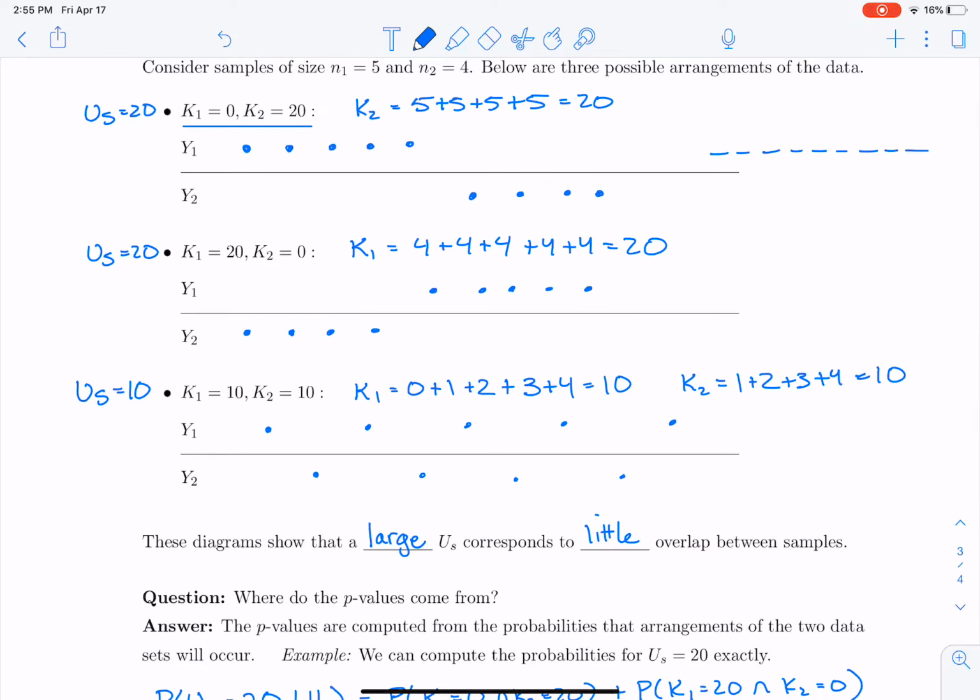Do I put Y1 in this first position so that it's the smallest? And then maybe Y1 again, and then Y2, and then Y1, Y2, Y2, Y1, Y2, Y1. That's an arrangement that I can have. That would look like the first 2 data points from Y1, then a Y2, then Y1, Y2, Y2, Y1, Y2, Y1.